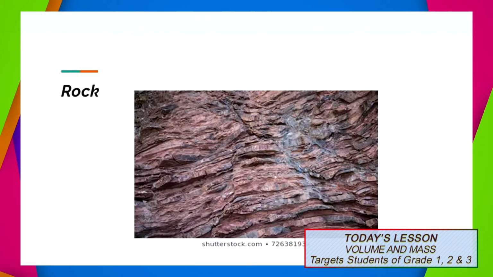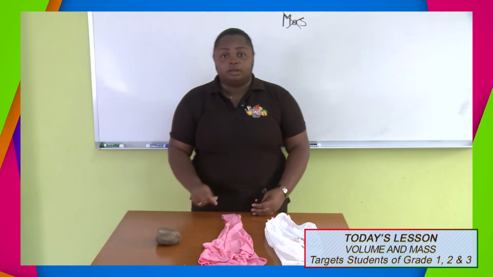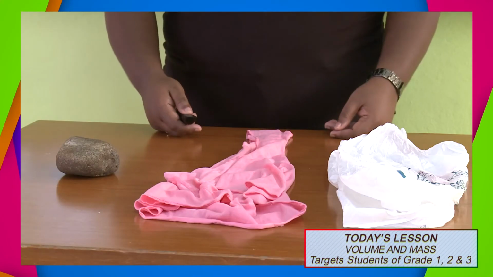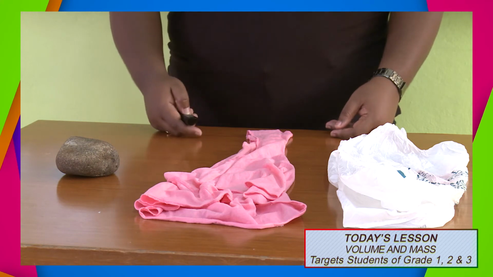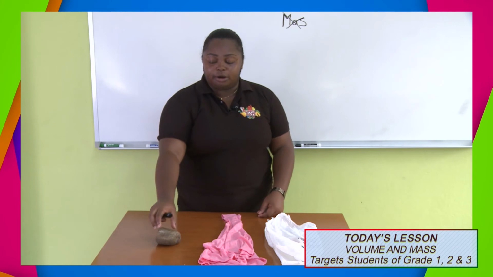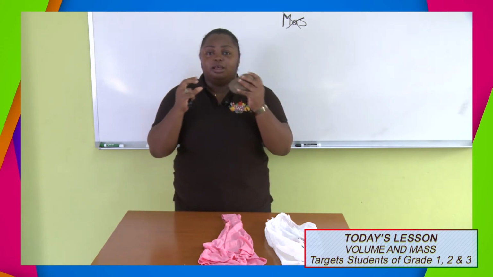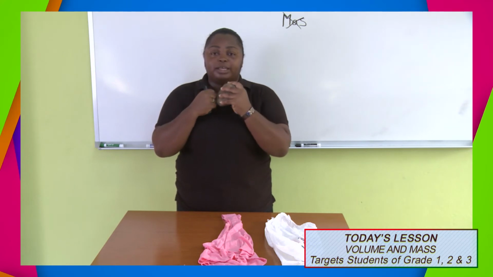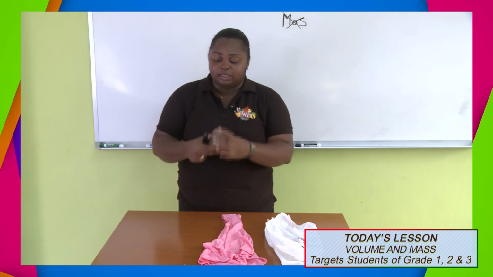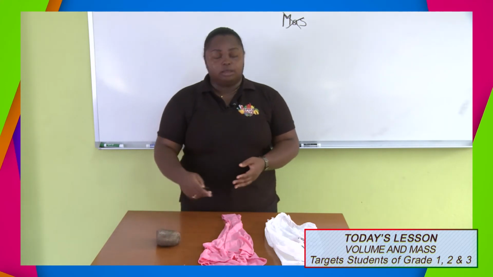Now on your screen, you would see a rock. And here, I also have a rock. Now, these are all materials that we spoke about in the beginning. Different materials have different matter. With the rock, there are little to no air pockets, which means the material is compressed together, which makes it harder to move, versus a fabric.